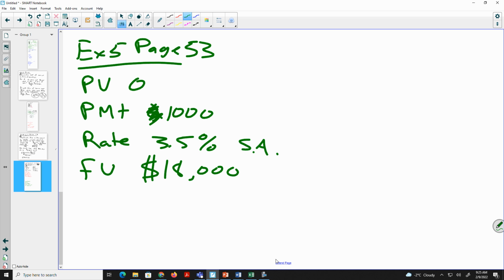No, future value is 18. Periods. Sorry. So put your compounding at semi-annually, not semi-monthly. Your rate is 3.5%. What did you guys get for your periods?